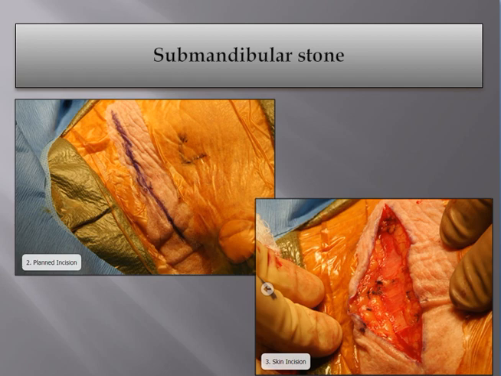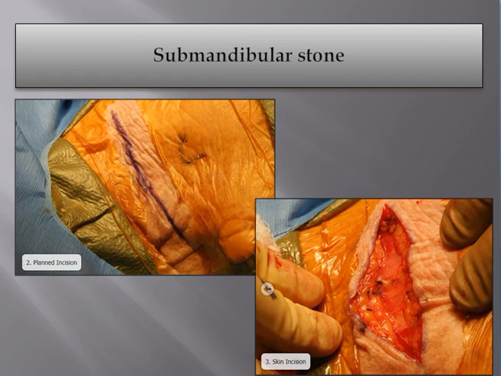Either an external or intraoral approach can be used. In this case, or in cases with marked inflammation, an external approach gives better exposure and aids in the preservation of nervous structures. Small stones less than 5 millimeters can be extracted by dilation of the duct and the use of small microforceps. So, let's see in this slide, you can see the planned incision or marked incision.